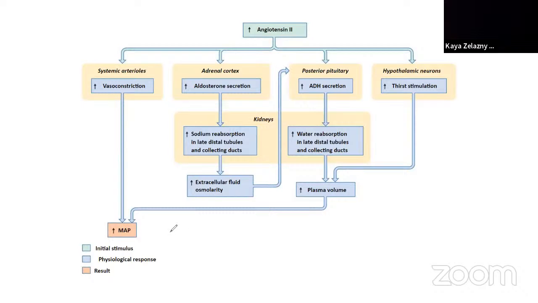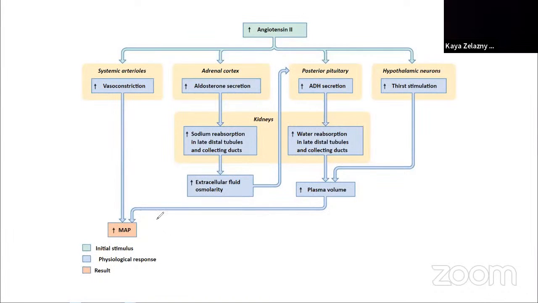What I would like you to take away from this is that the ultimate effect here is going to be a rise in blood pressure. As we are increasing our aldosterone secretion, we're increasing the reabsorption of sodium.